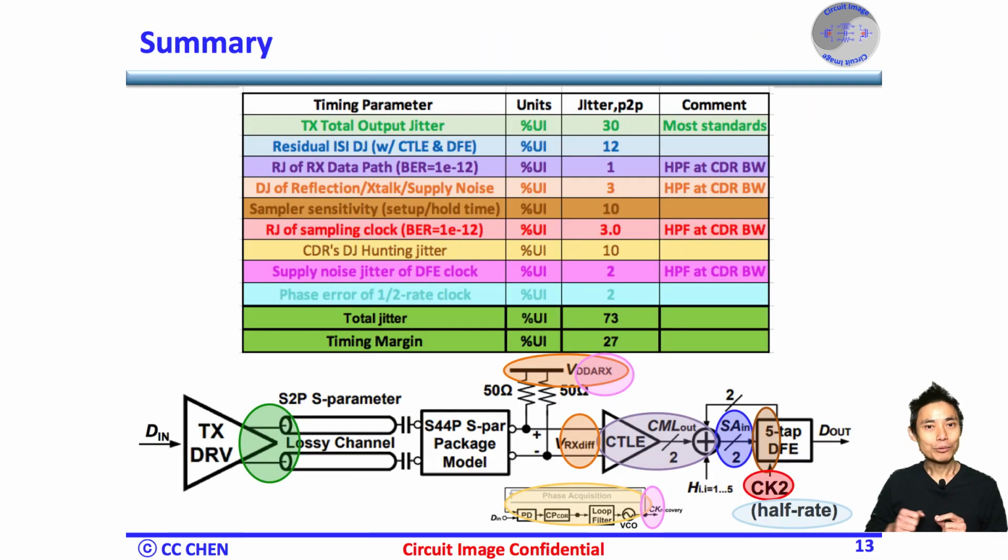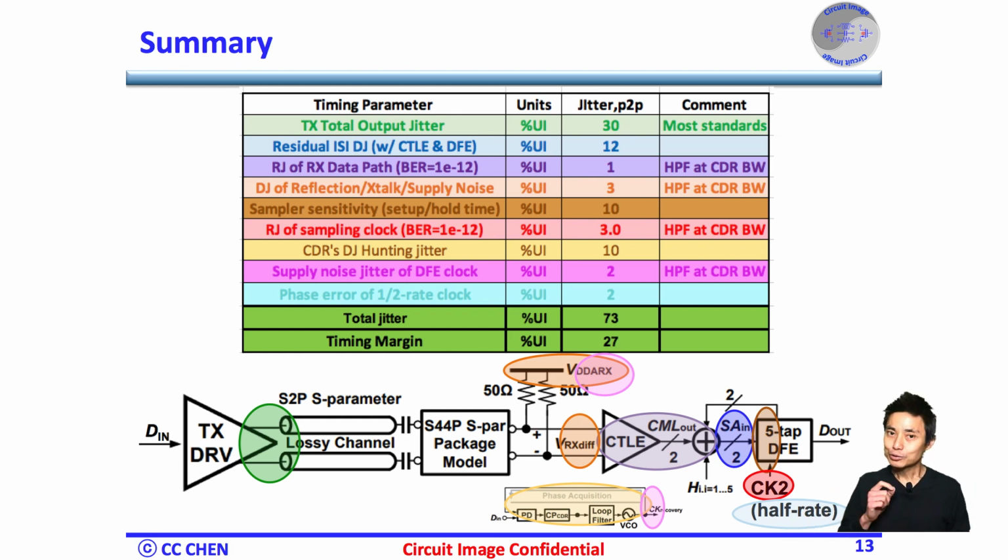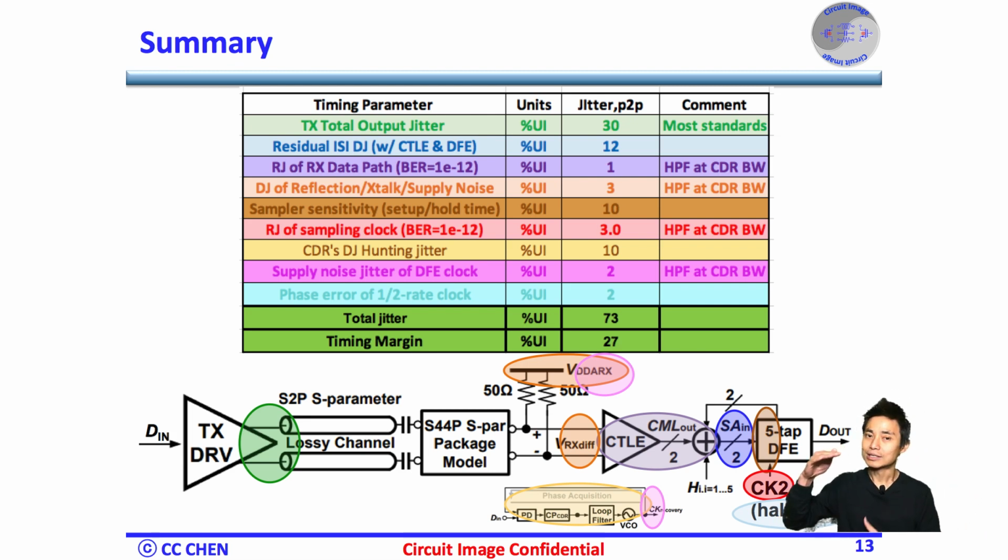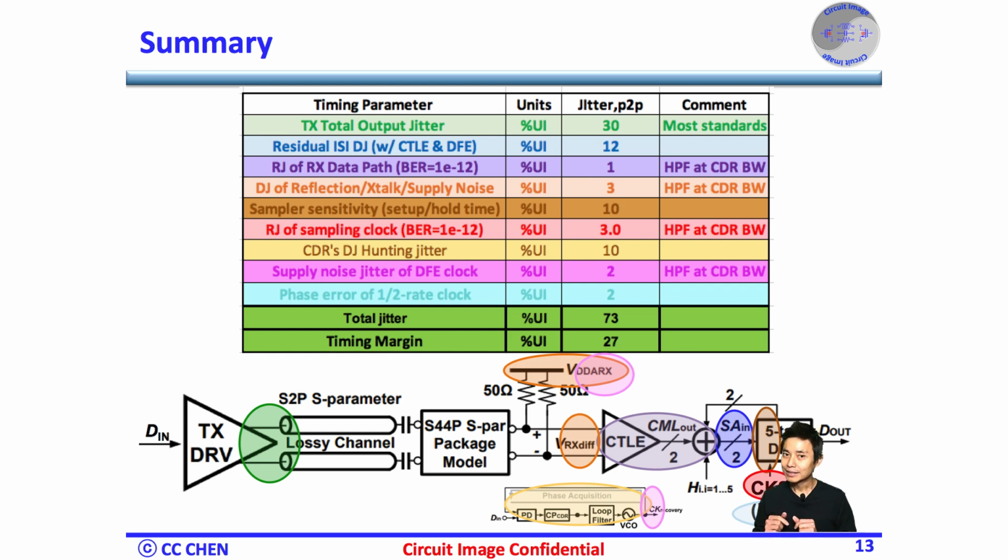Here is the summarized image of why we need a link budget for the analysis of the eye width in SerDes. All the evaluation items are very similar to the eye height we discussed last time, but we are using the clock sampler or clock comparator.